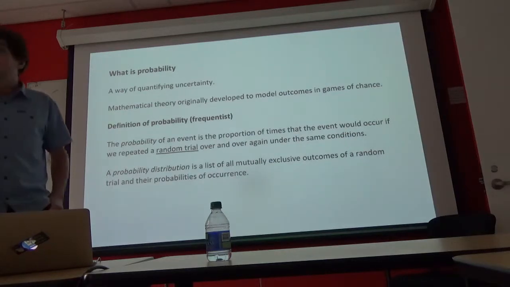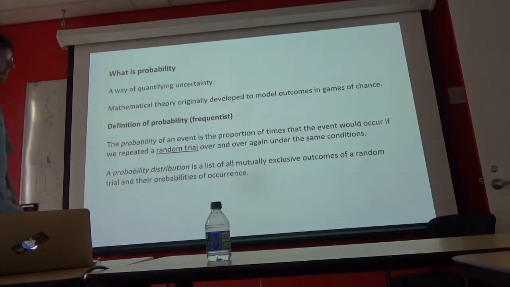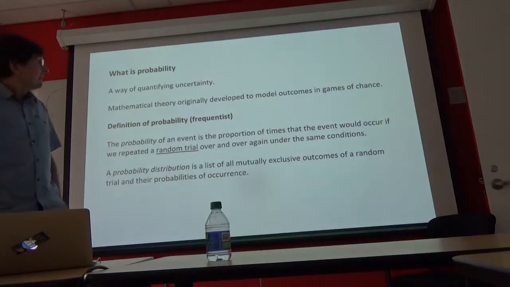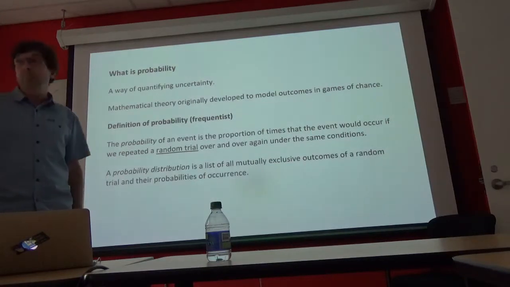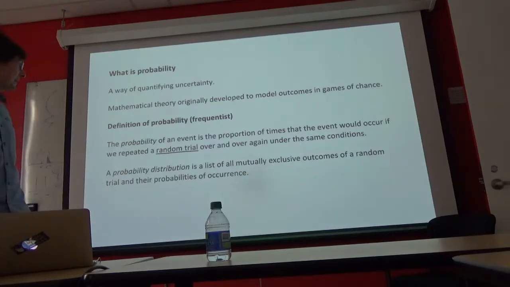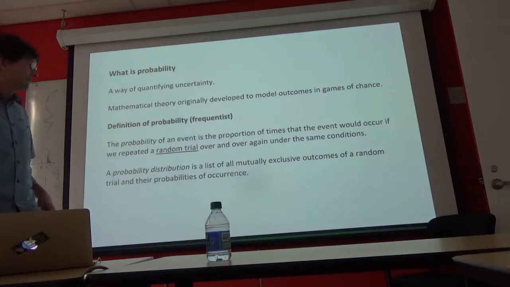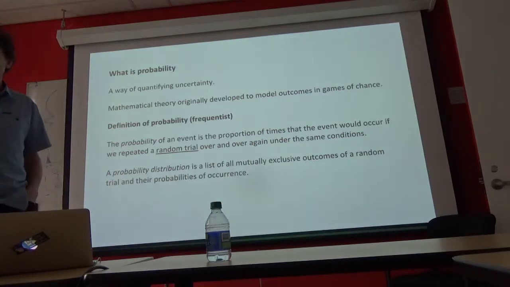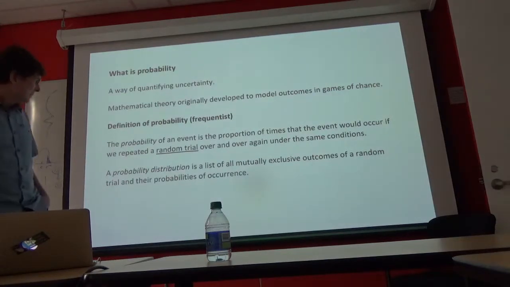Certainly in games of chance, it's the long-run outcome that we're primarily interested in. If you're playing blackjack, you really want to adopt a strategy where the probability of winning is high, and that probability is defined as the proportion of times that you would win in the long run if the same random trial were repeated over and over again, and each game would be represented as the same random trial, the same deck of cards, and so on.